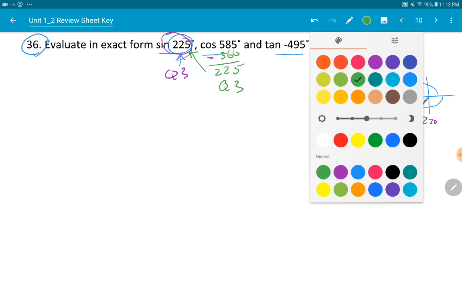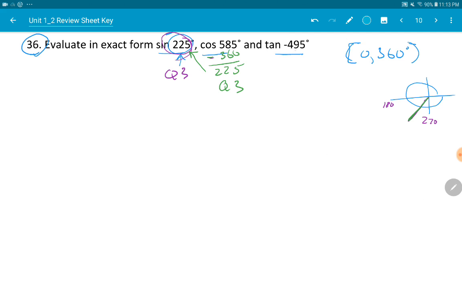And the third one is negative 495. So this time I'm going to add 360. Actually, looks like I'm going to add it twice. So I'm going to add 2 times 360. So I'm going to add 720 to get in that positive 0 to 360 interval. So to do that, I'm going to just flip it around.